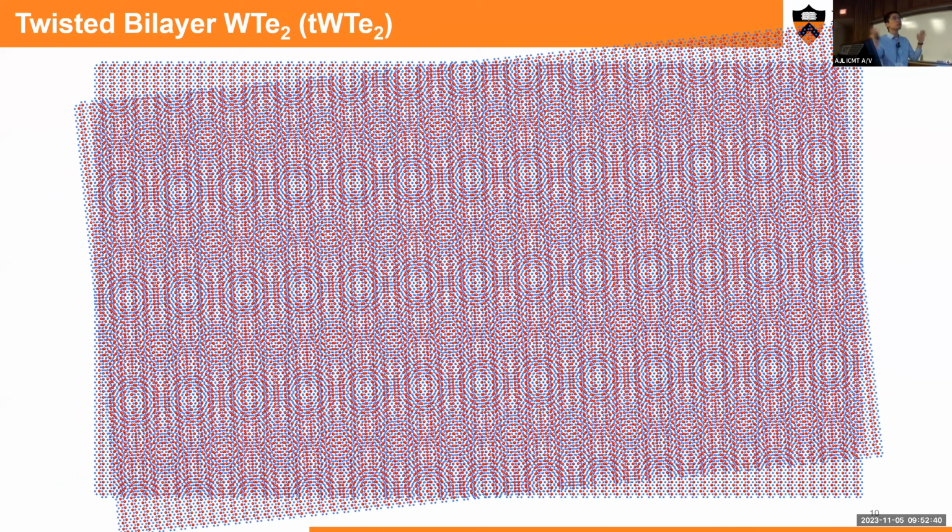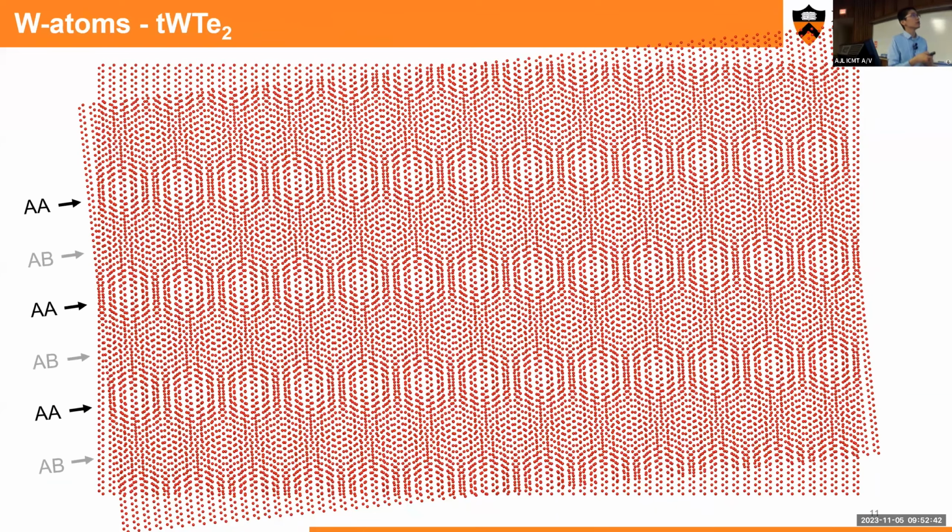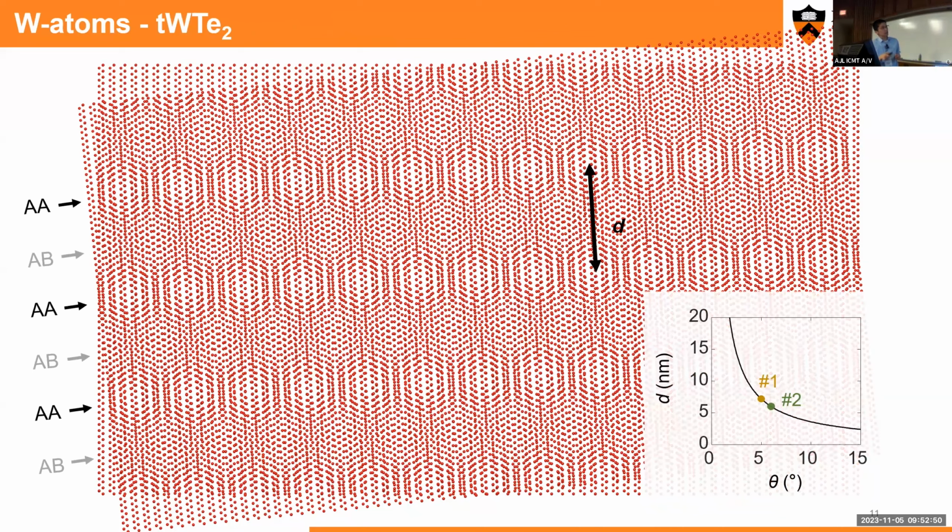If I remove all the tellurium atoms, you will see it shows a 1D stripe in this way. Experimentally and theoretically, you can calculate the distance between the wires, and you can engineer your twist angle to reach whichever number you want.